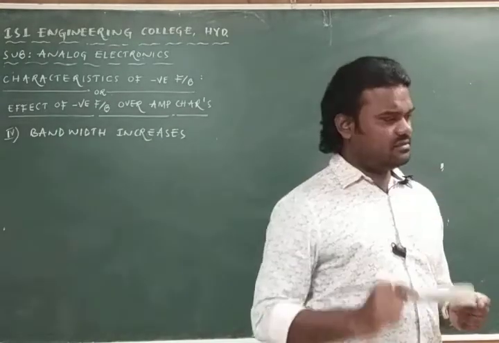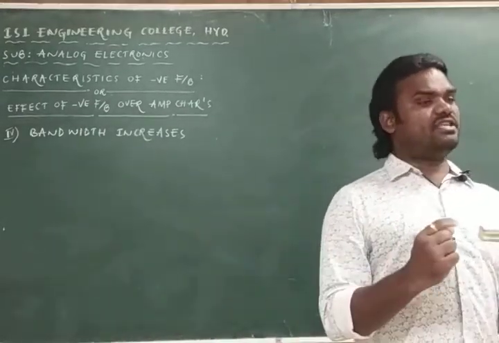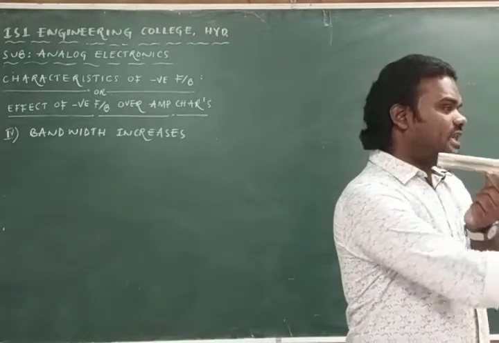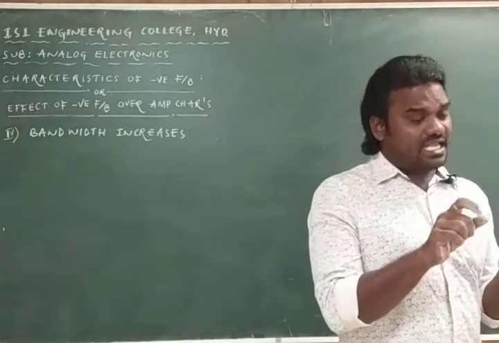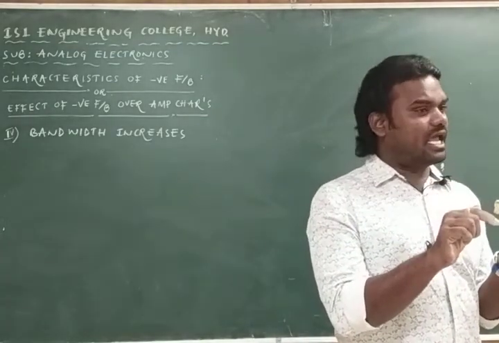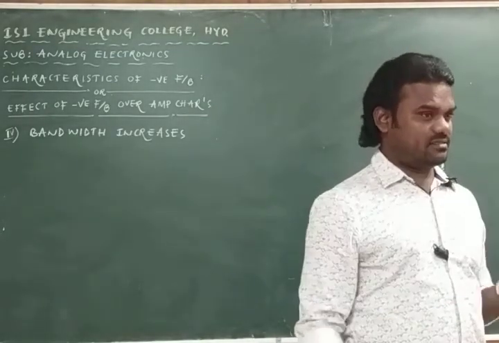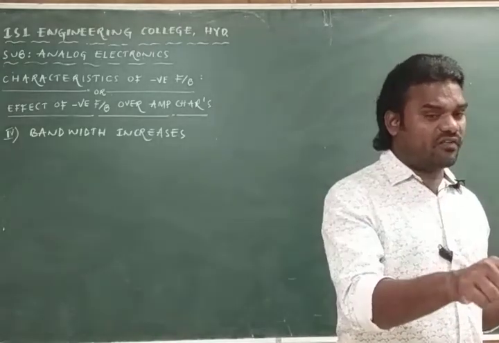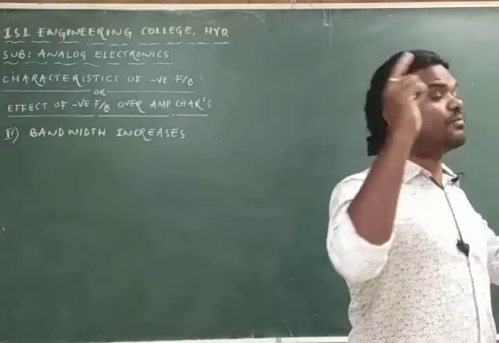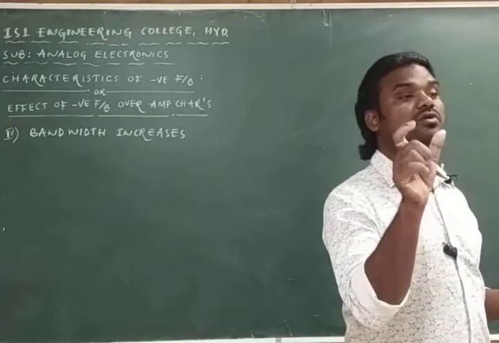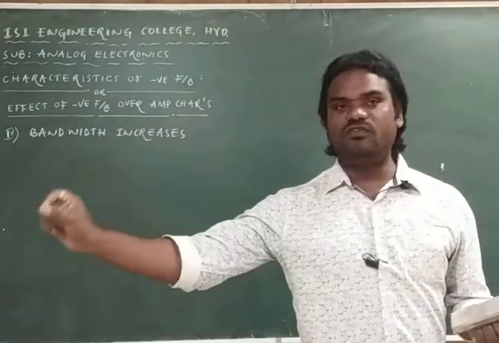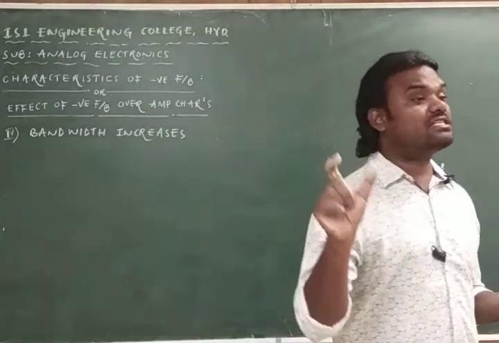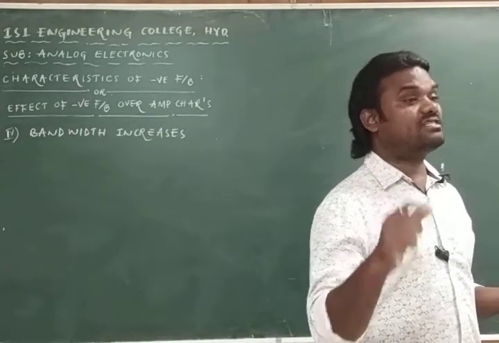This is an amplifier, and to which we are giving the weak signal, and it is providing the strengthened output. If I change the frequency of that input signal, the gain also varies. From which frequency to which frequency the gain is maximum, that defines the bandwidth.